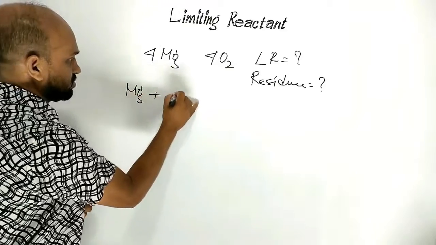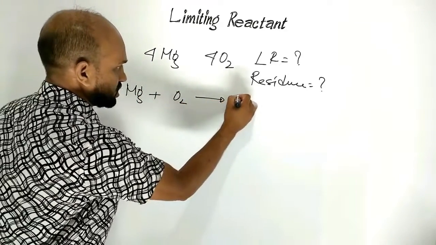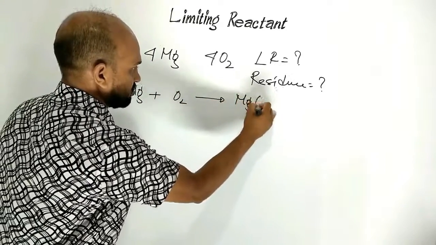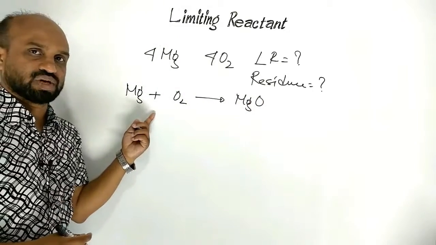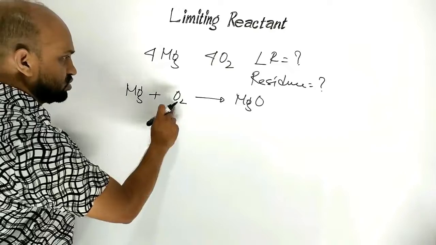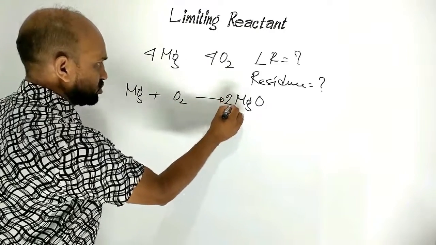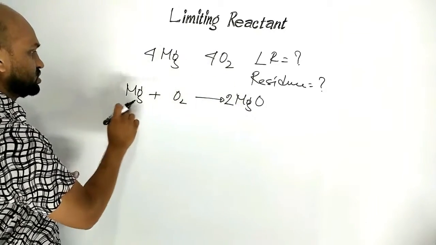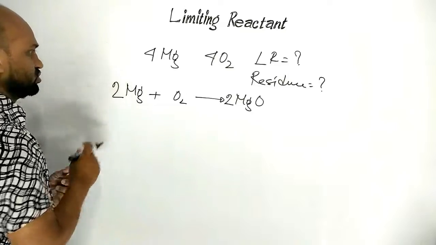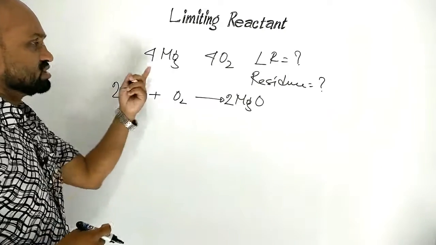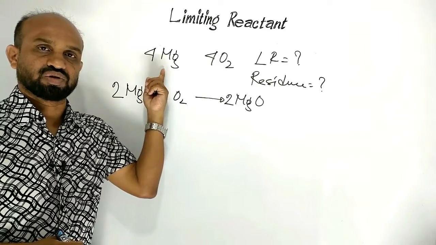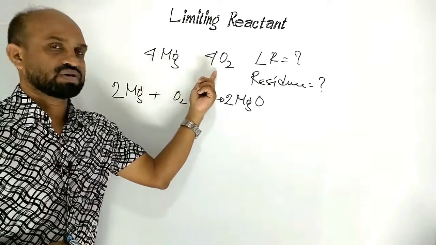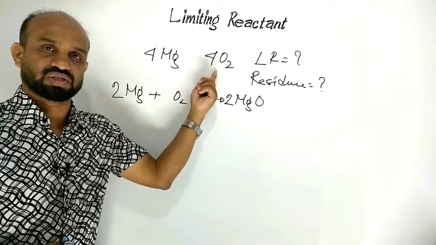Magnesium plus oxygen, the product is magnesium oxide. The reaction must be balanced first. Here 2, so there will be 2 here, 2 magnesium atoms, here 1, so this is 2. The question is related to atoms: 4 atoms of magnesium and 4 molecules of oxygen.